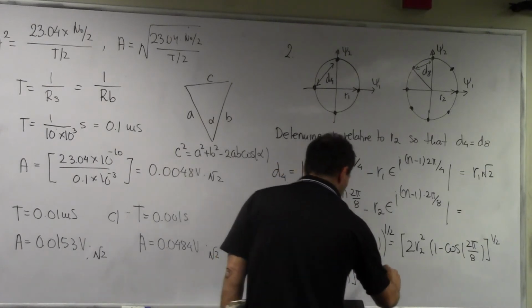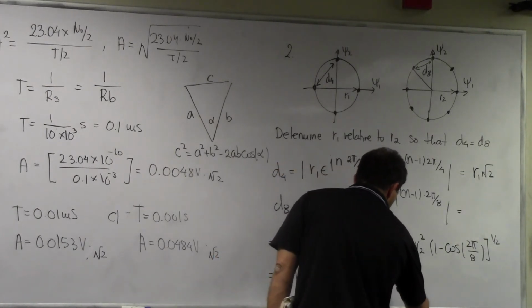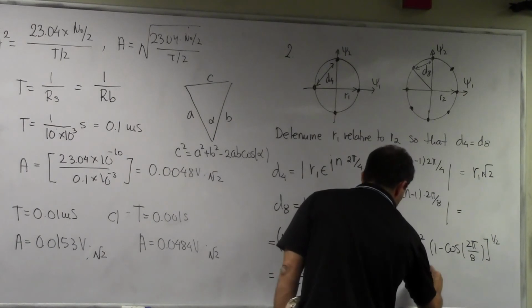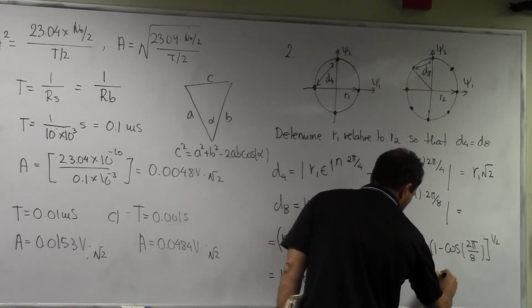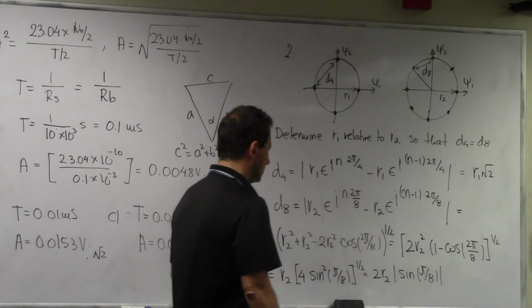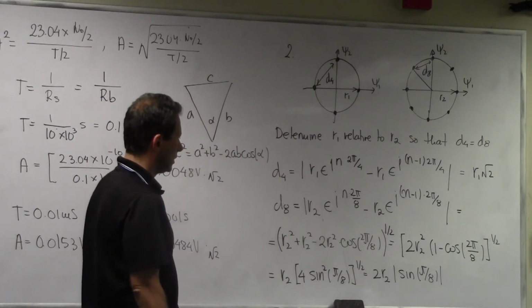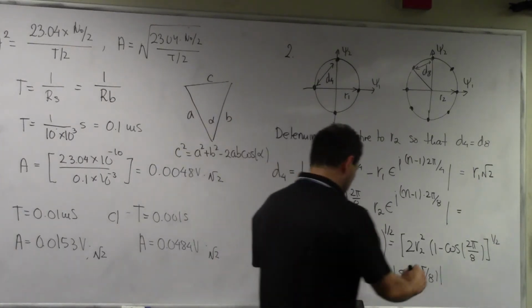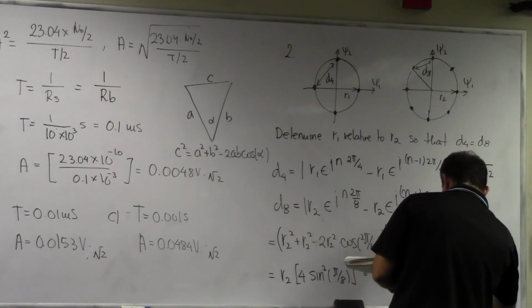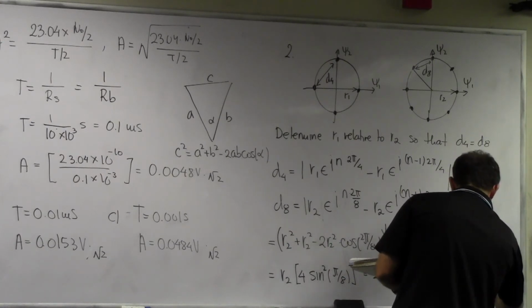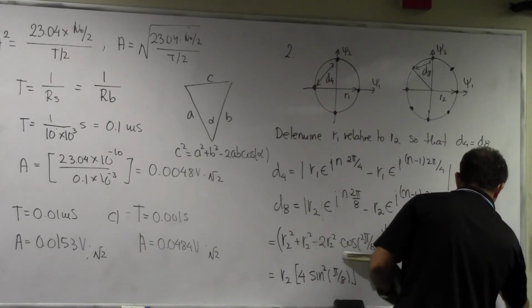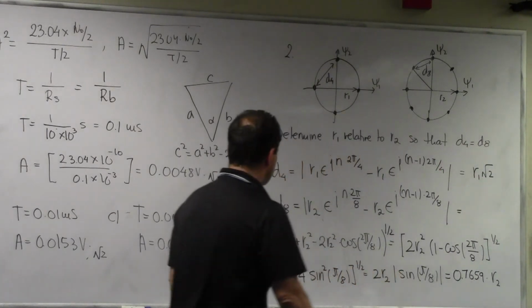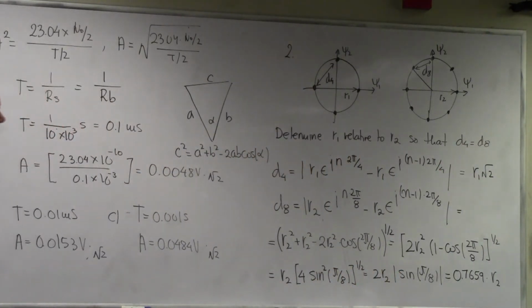So this is 2 R2 magnitude of sine pi over 8. When you substitute the values, this is 0.7654 times R2. So that's the distance D8 expressed in terms of R2.